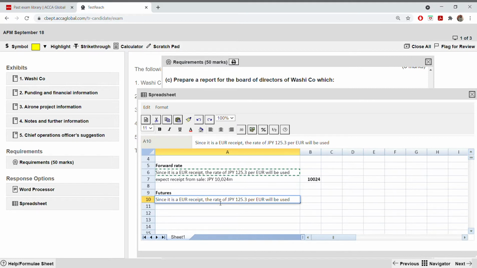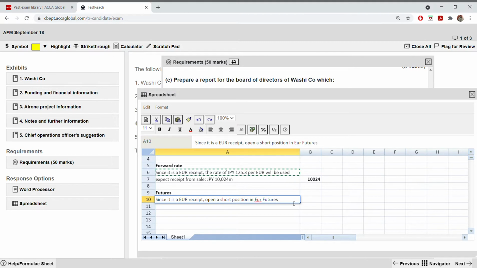Since it is a short position, open a short position, or buy or go short in future. Any way you can phrase it. Okay, open a short position. Anything you can say. Since it is a euro receipt, open a short position in euro future.